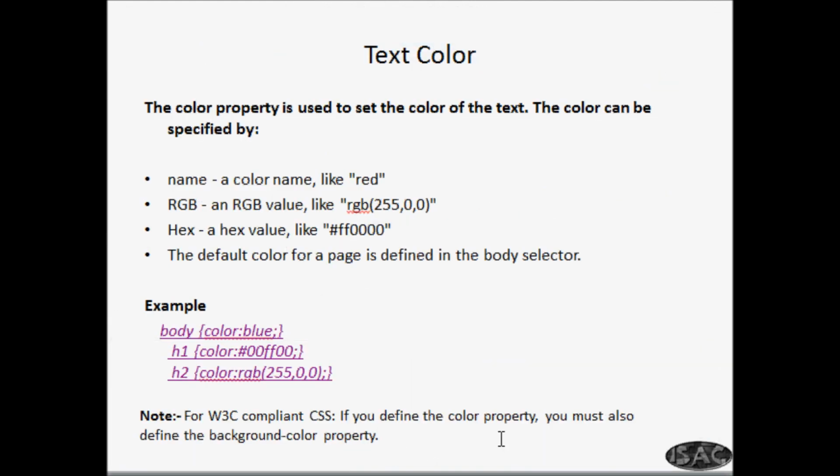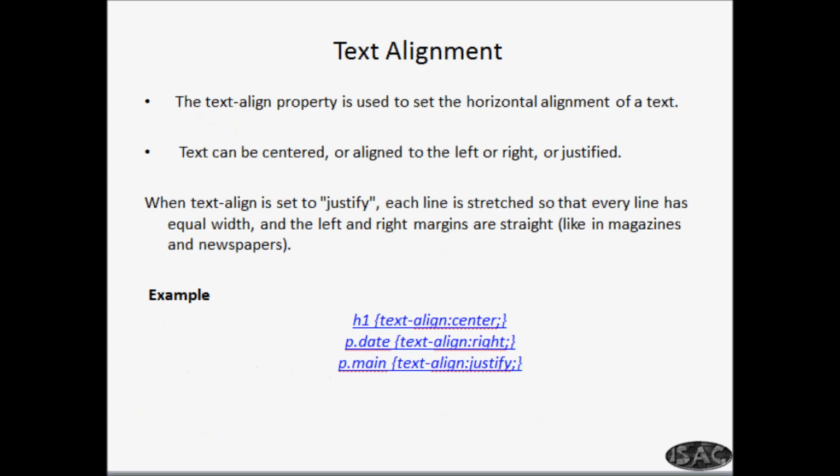So we understood how to assign the text color now, right? Now text align. It is used to set the horizontal alignment of text. It could be center, left, right, or justify, right?